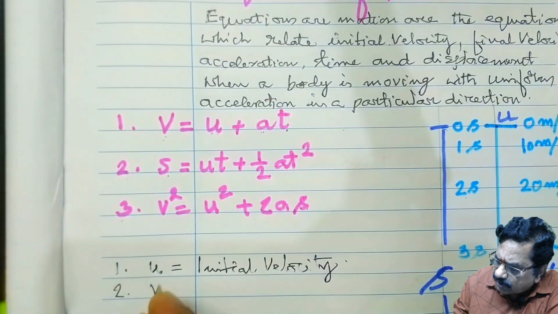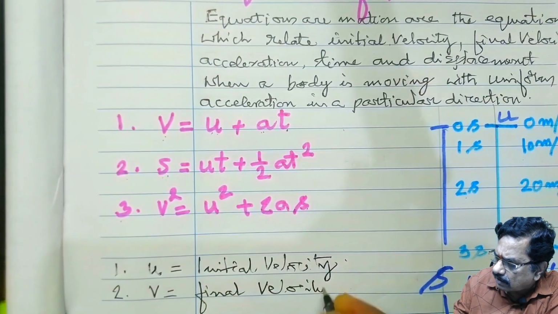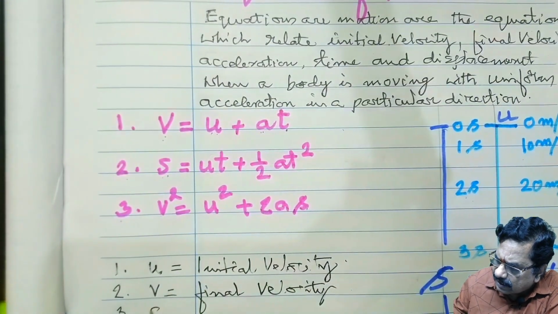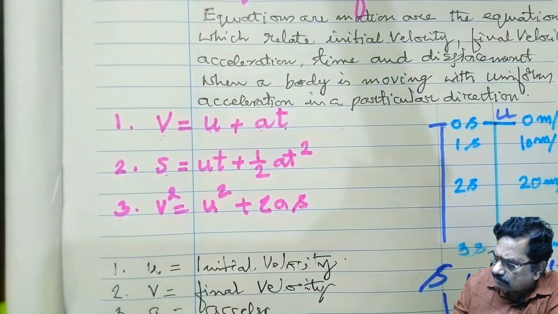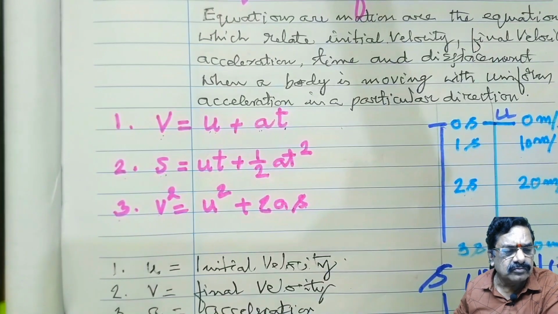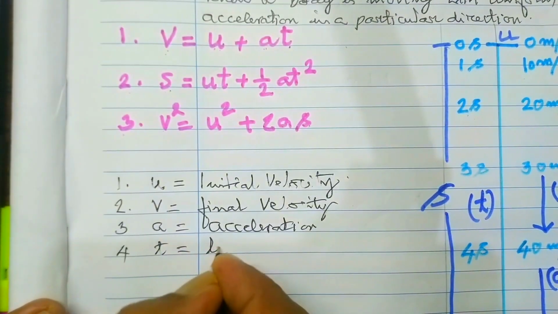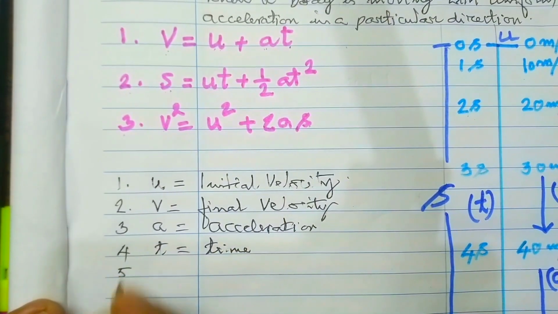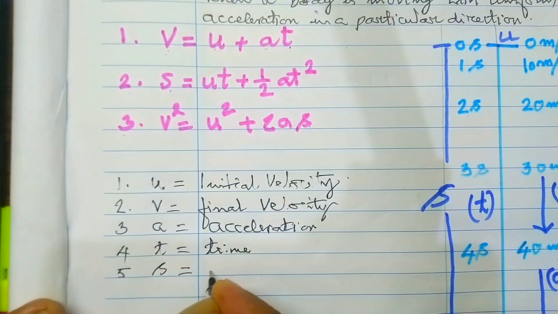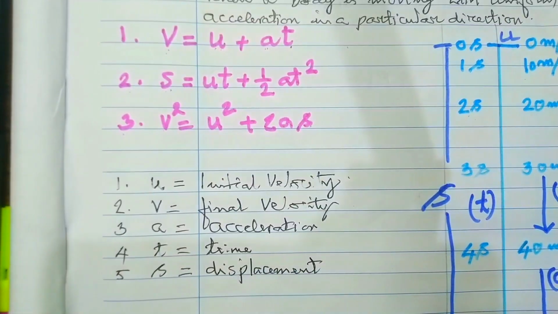Number 2, v is final velocity. 3, a is acceleration. 4, t is time. 5, s is displacement. These are the various quantities involved in it.